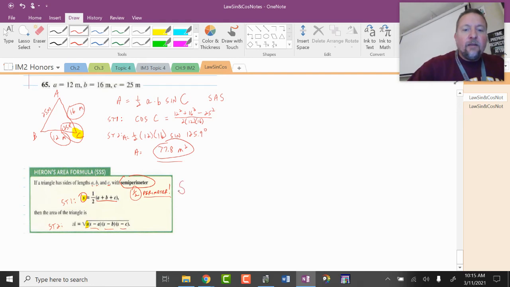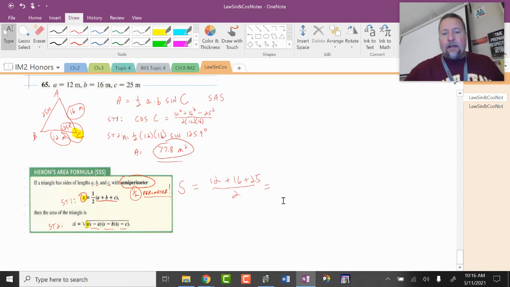So step one, find S, which is 12 plus 16 plus 25 divided by 2. Oh, fine. Well, hold on. 12, 28, 53 divided by 2 is 26.5, I believe. Okay, 53 divided by 2, 26.5.